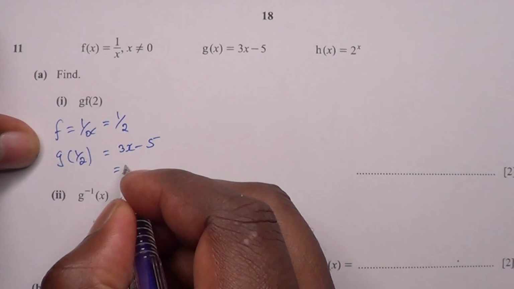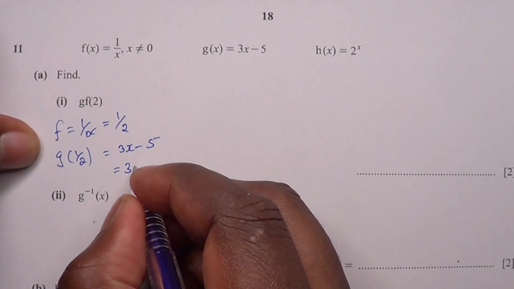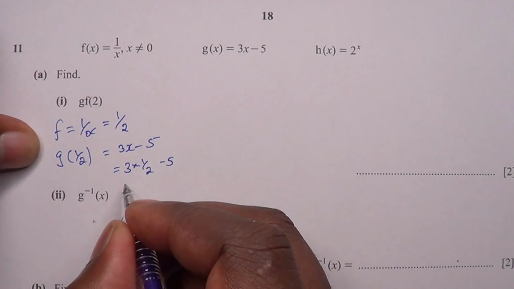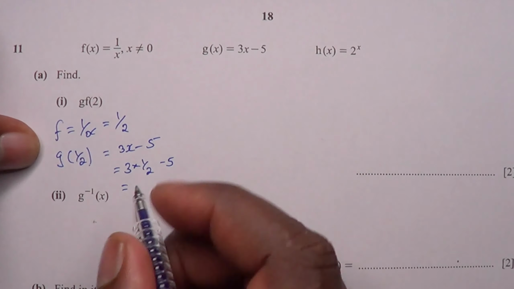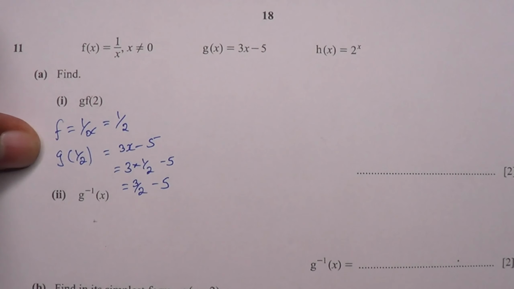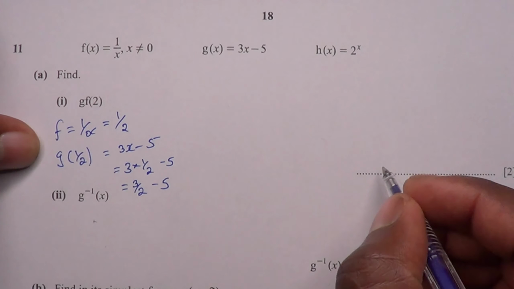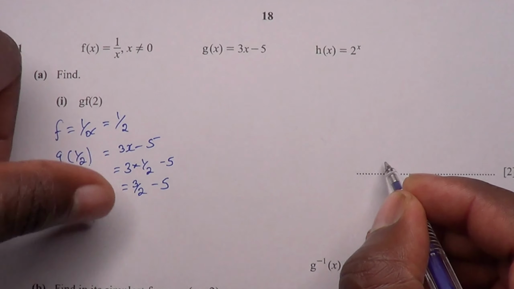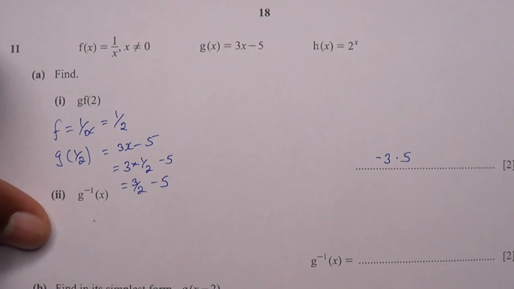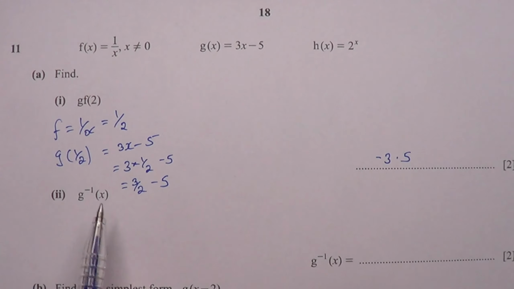So it will be 3, I replace x here with 1 over 2, times 1 over 2 minus 5, which is going to be 3 over 2 minus 5. When we subtract 3 over 2 minus 5, that is negative 3.5.